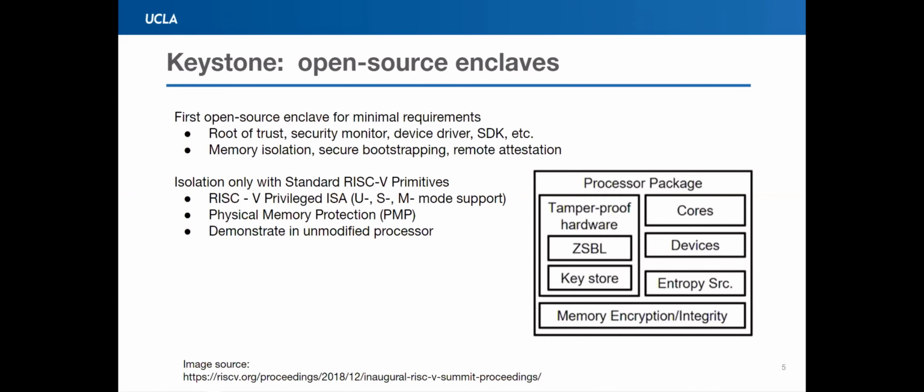This figure shows the minimum requirements for Keystone to operate. It only requires a standard core as long as it supports RISC-V physical memory protection. It has three privilege modes: user mode, supervisor mode, and machine mode. If it needs to protect the memory from untrusted devices, you need extra gasket physical memory protection.